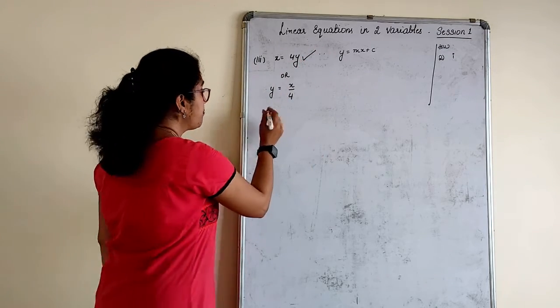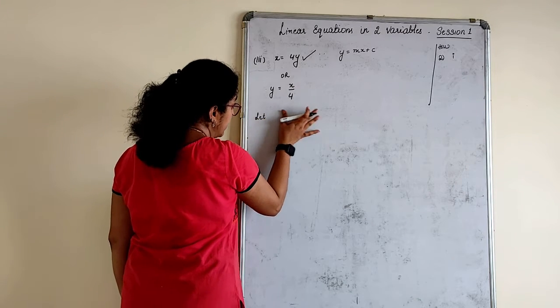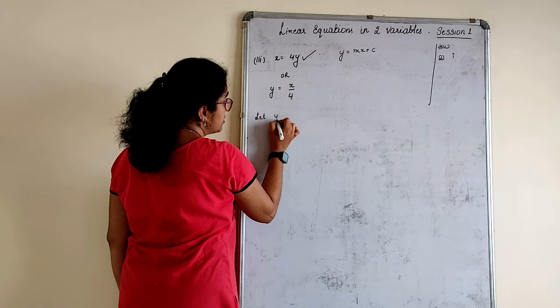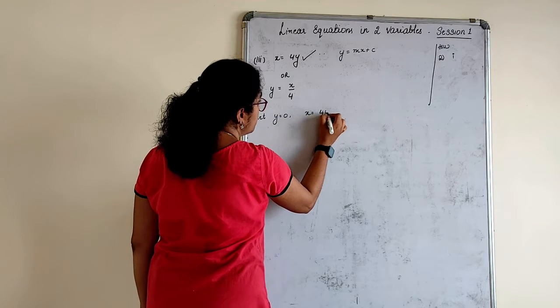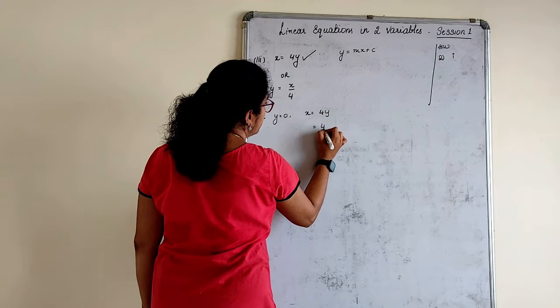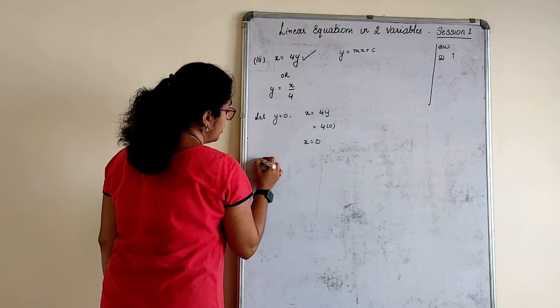It will be correct. Let y be whatever is in your RHS. Let y is equal to 0, x is equal to 4y, first of all I will write it, 4 into 0, x is equal to 0.